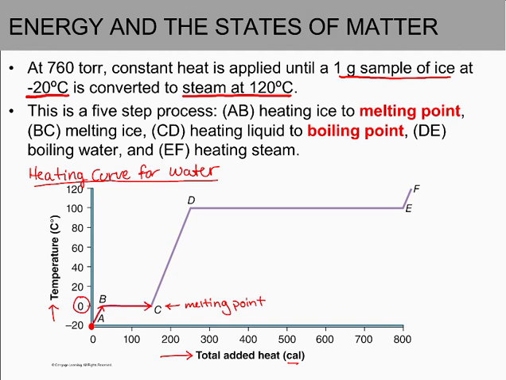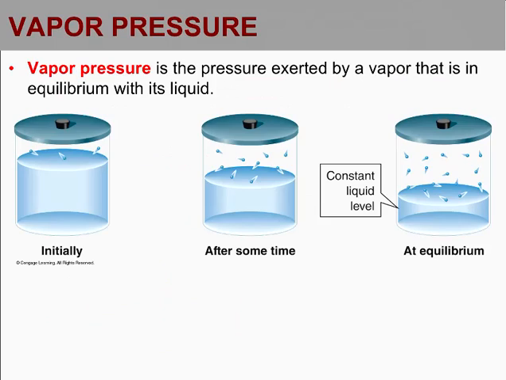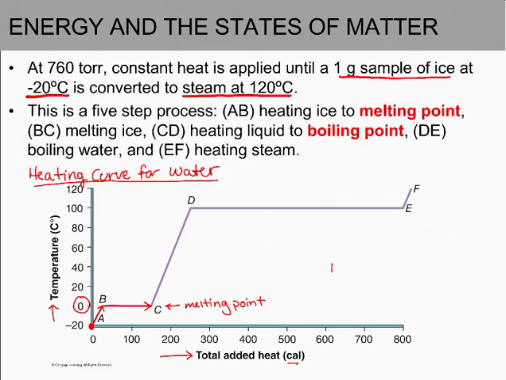During the process of melting, any heat that's being added to the melting ice is going towards that melting process, and it's no longer going towards the increase in temperature that we saw from before. So a flat line equals no change in temperature.